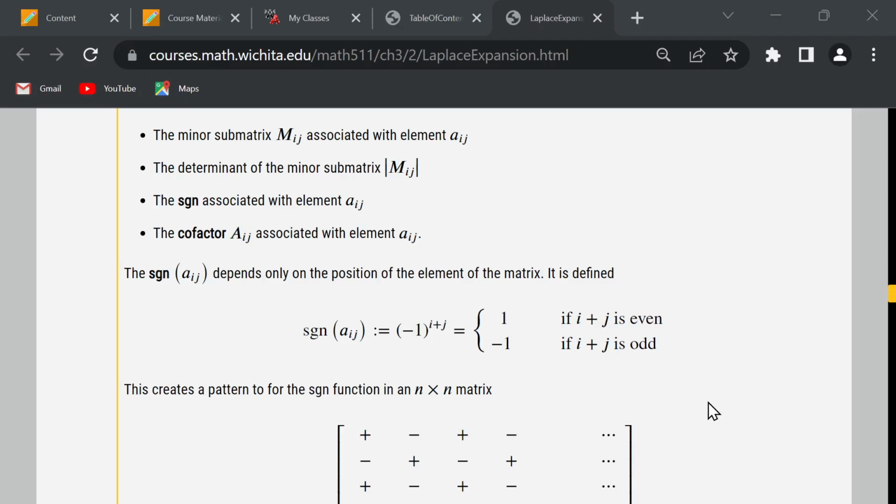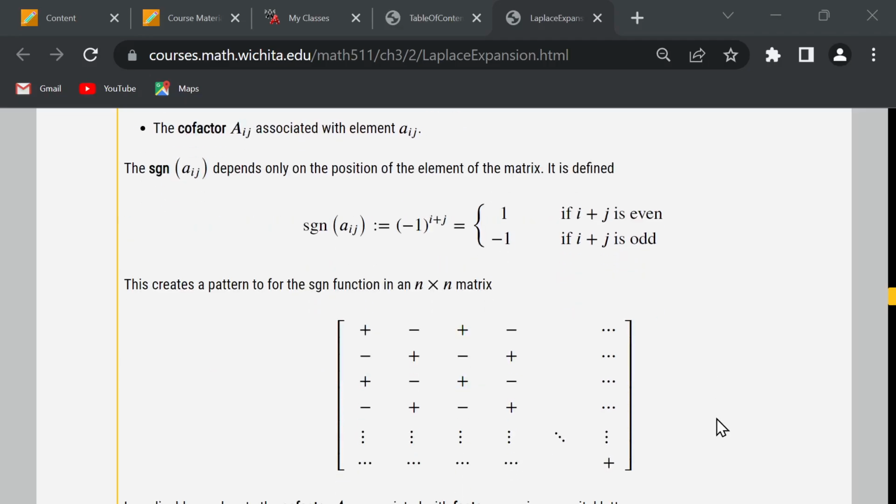And that's not how I remember it. I remember this picture because it's a checkered board. It's a chessboard, right? With red and green squares, where the red squares are plus and the green squares are minuses. It starts with the red square in the top left-hand corner, which is a plus, and every other square is the other color, whether you go along any row or down any column.